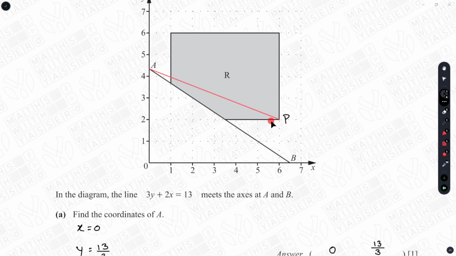But if I position P over here, then the height will be more than 2. But the change in x will be the same, which is 6.